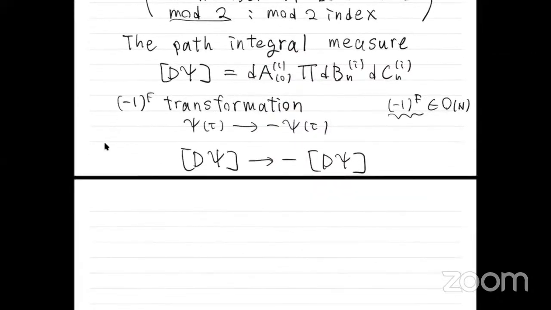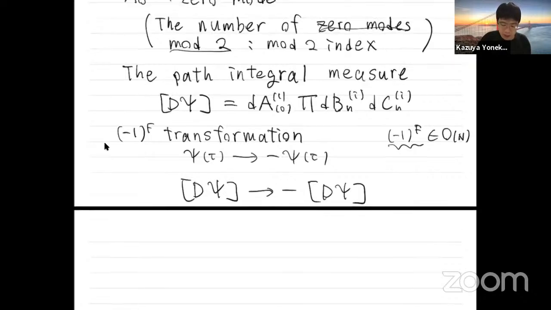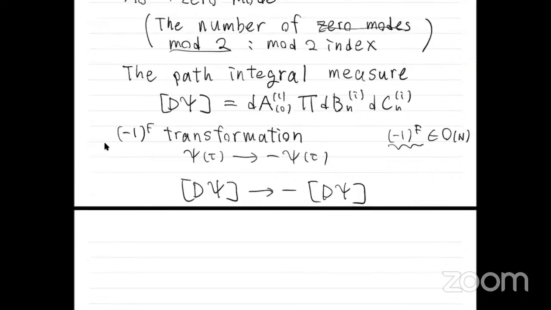Excuse me, Kazuya. Yes. Question. I have difficulty in understanding. I understand that the non-zero modes appear in pairs, but here this measure is an infinite product of these, so we need to regularize this measure first, I think. Okay, yeah, that's right. I think there exists a measure regularization so that this sign doesn't change.